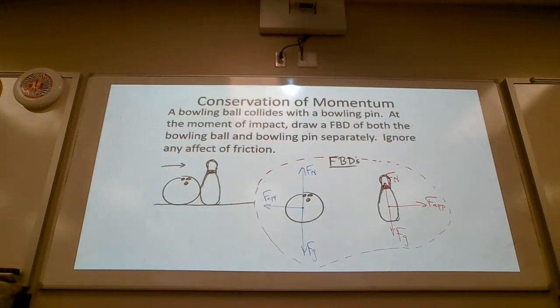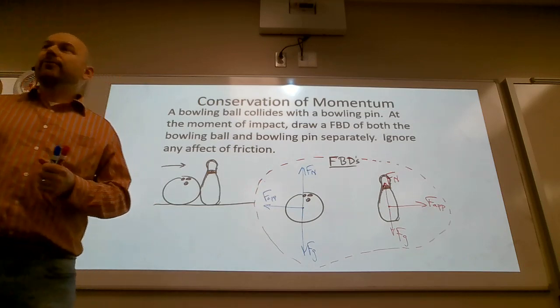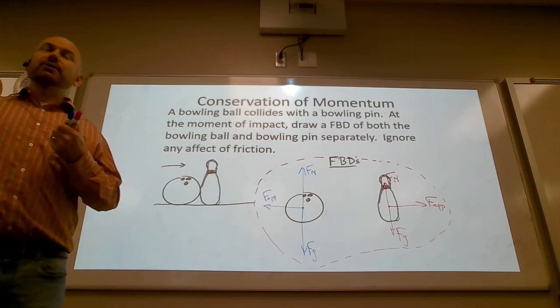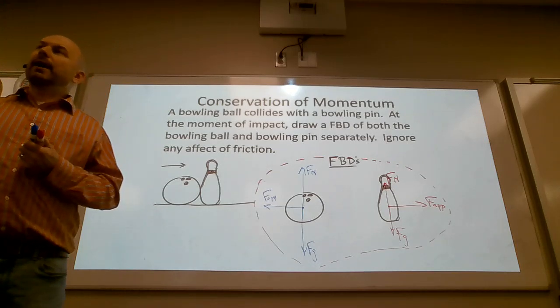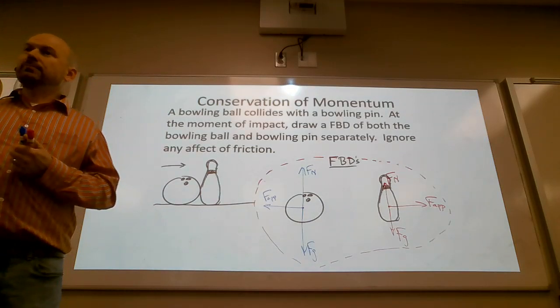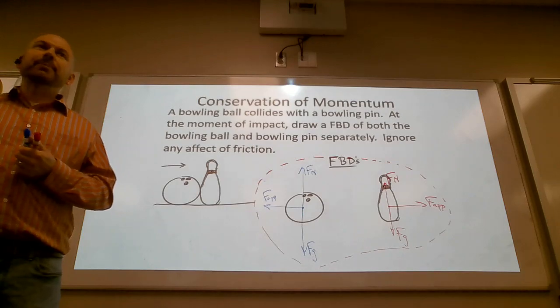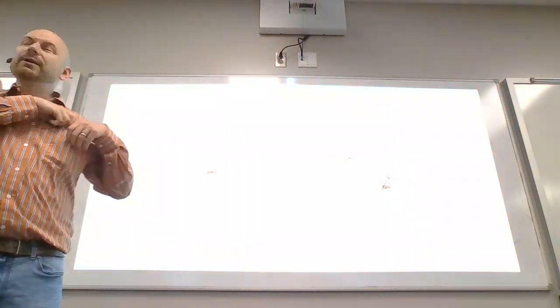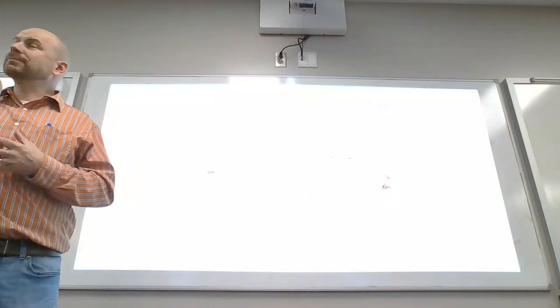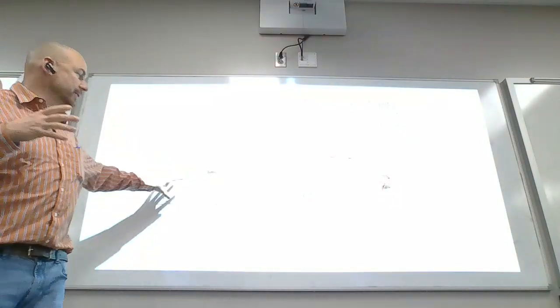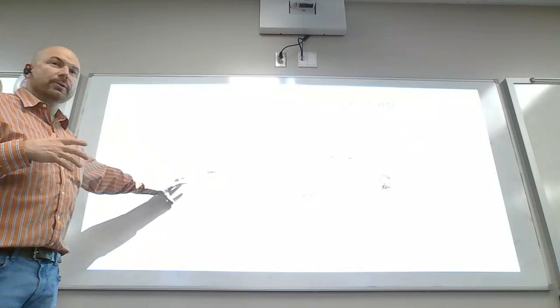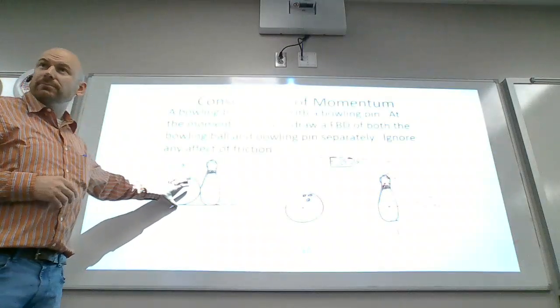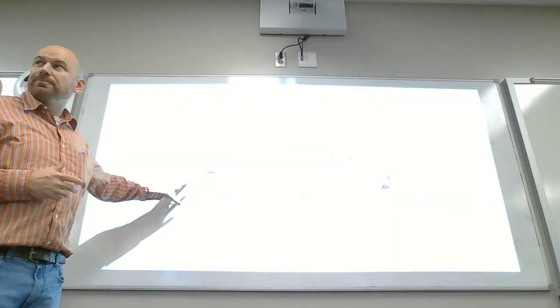Okay. So how has this played out in life, what has this demonstrated? Initially, before the collision, did the ball have momentum? Yes. Did the pin have momentum? No. So the total momentum of the system beforehand is just equal to how much momentum the ball had originally.